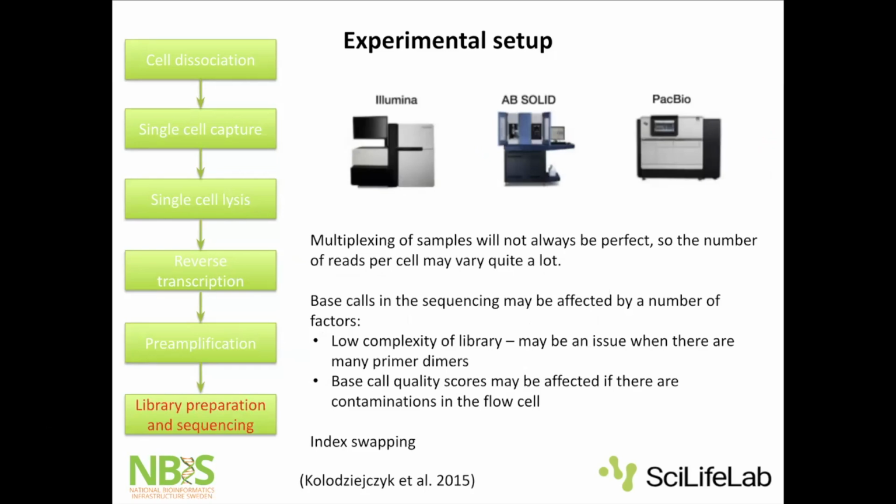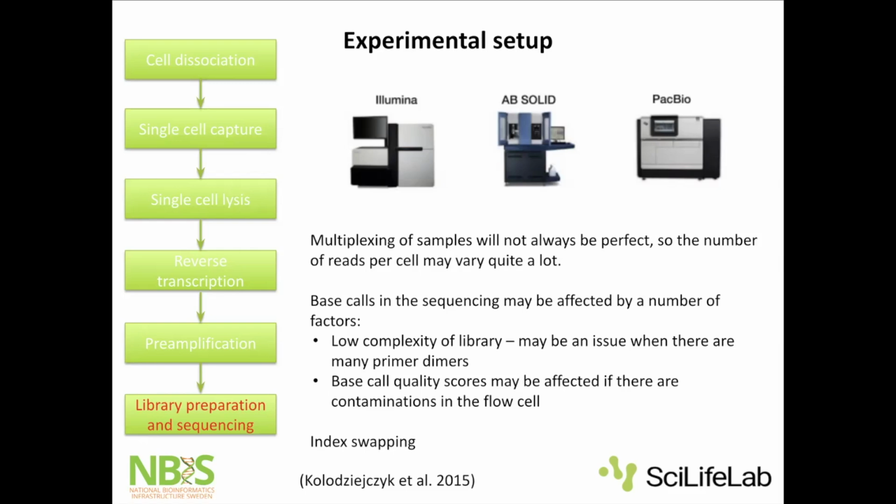And then sequencing, most likely one of the minor contributors to any sort of technical artifacts, but it's still good to think about how you pool your samples, and if there's a split on multiple lanes, that there might be some bias. It's also been shown that there is some index swapping between the cells when we sequence.